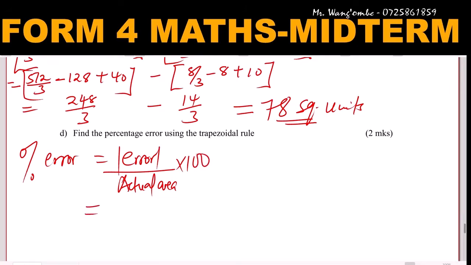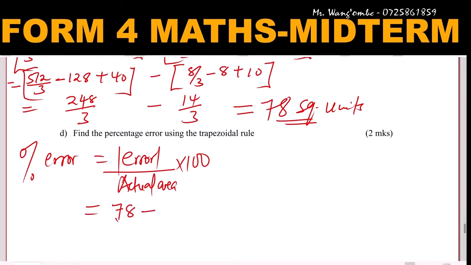Now to get the error, look at the actual area, which is given there, it is 78.